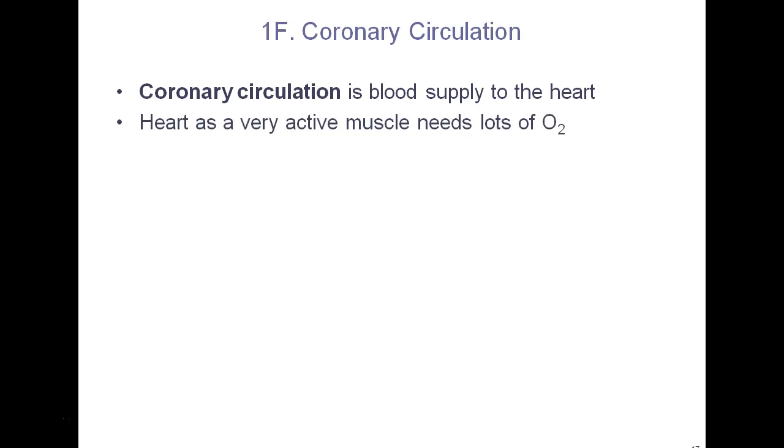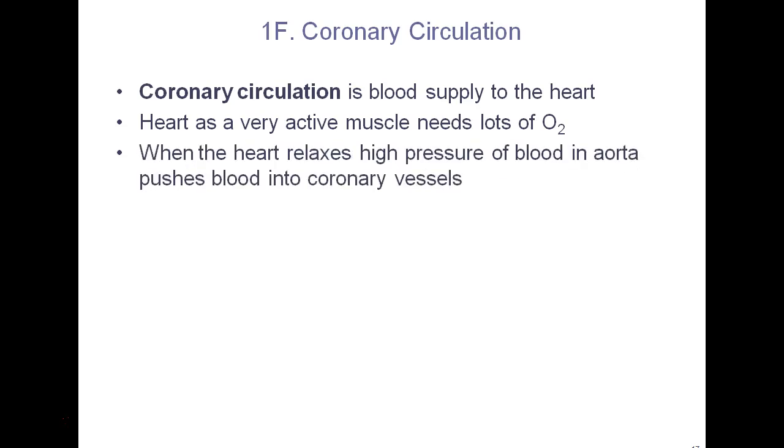This is a very active muscle. This heart muscle needs lots of oxygen. And when the heart relaxes, high pressure blood in the aorta pushes blood into those coronary vessels. And this circulatory pattern of coronary arteries can actually vary greatly among different individuals.